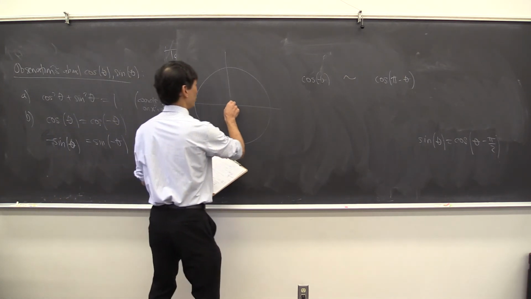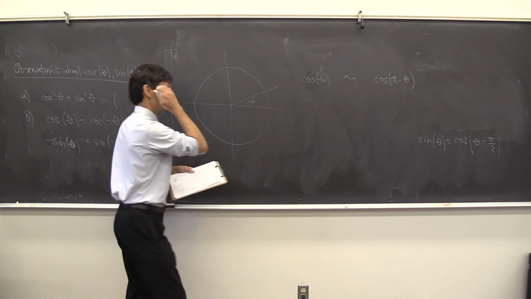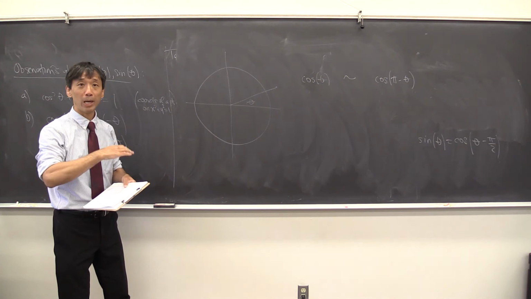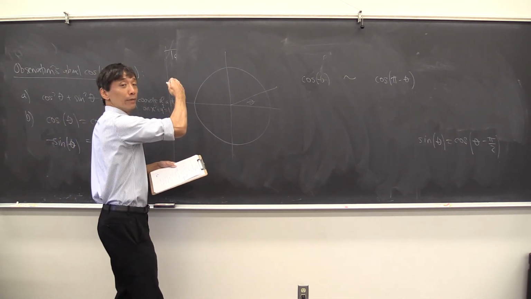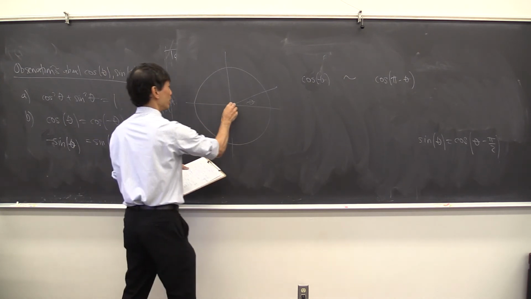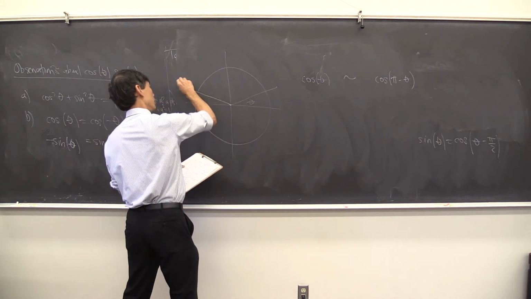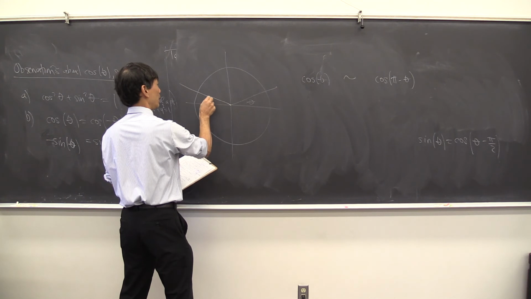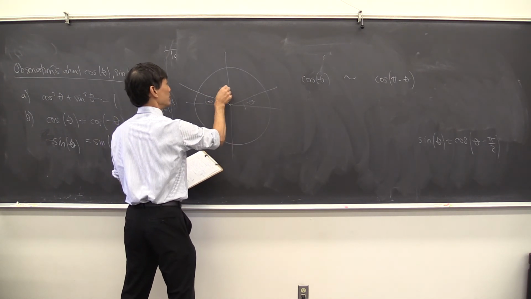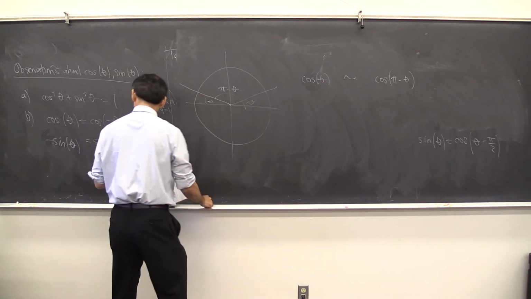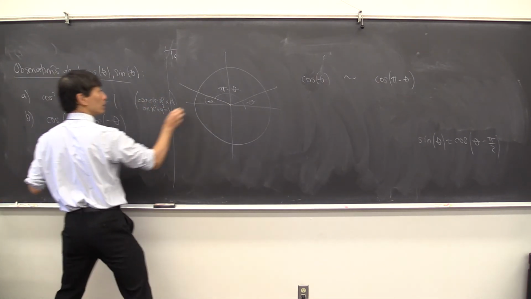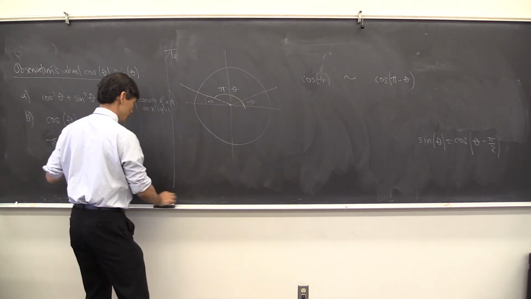Suppose you have some angle theta, and then you've got pi minus that angle. Well, pi is like this, and you subtract off the angle. So if you have a theta here, this angle here is pi minus theta.